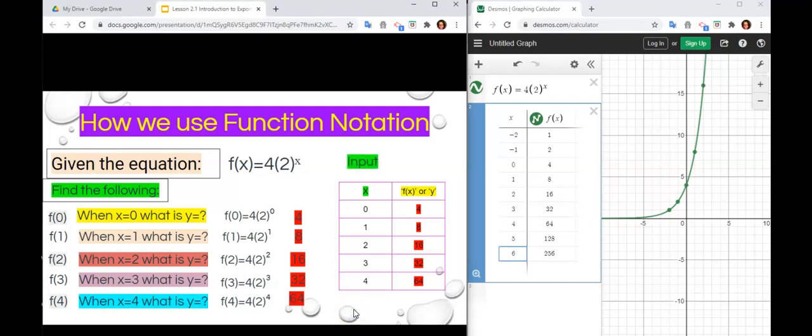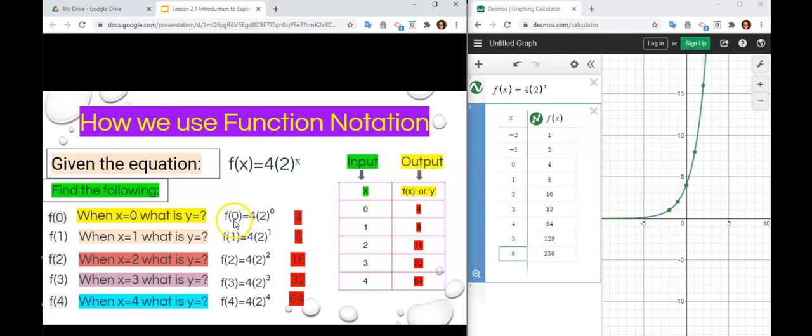So now what we want to consider also is that this value right here that we're substituting in, which is our x value, we always refer to as our input because we're inputting this to get something out. So I input a 0 to get an output of 4. The output values are my y values.